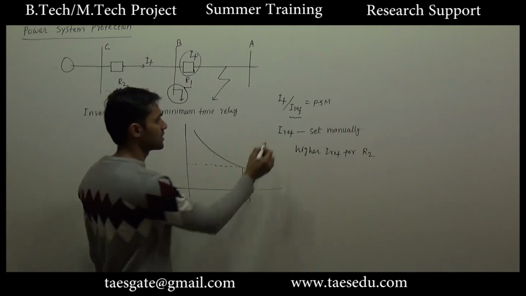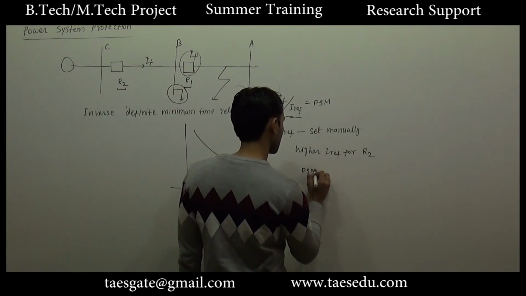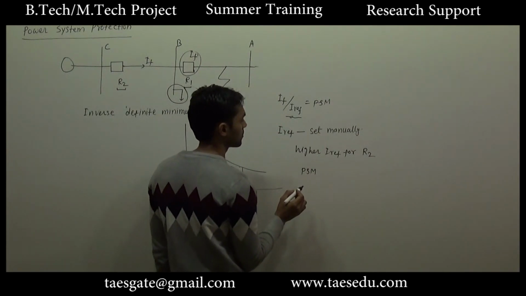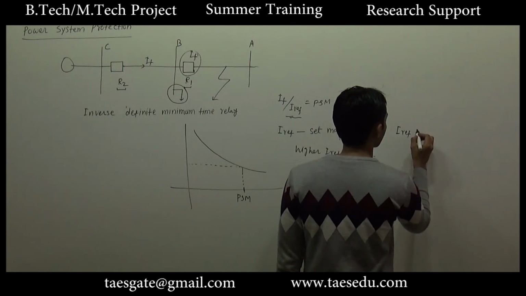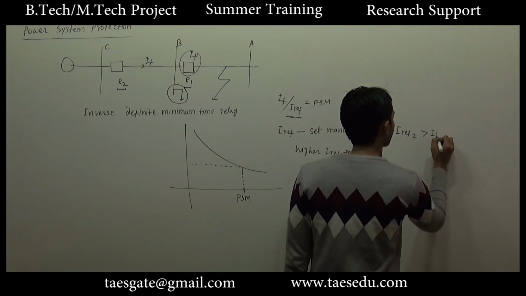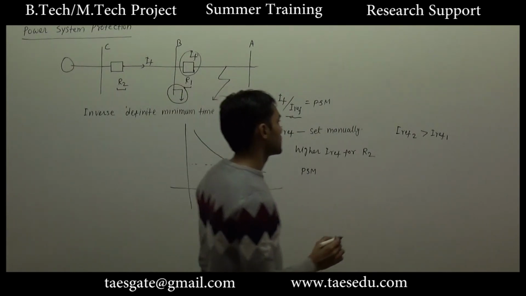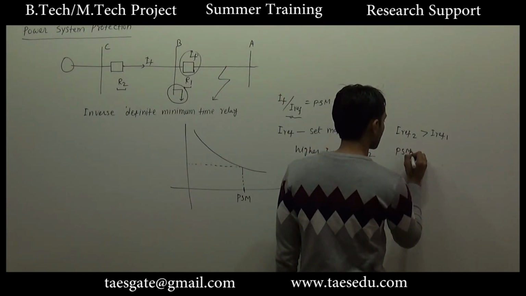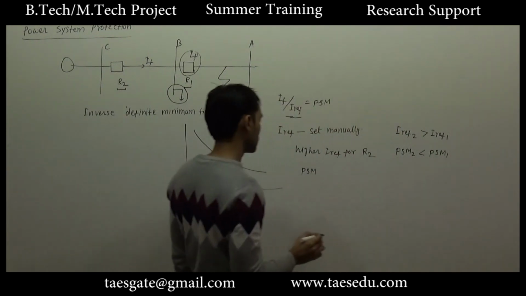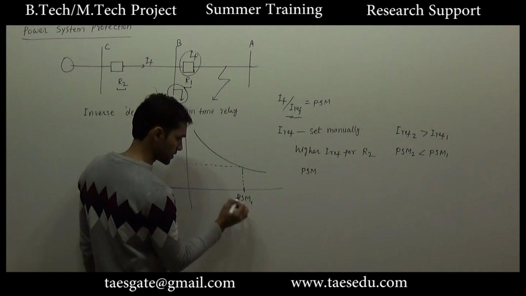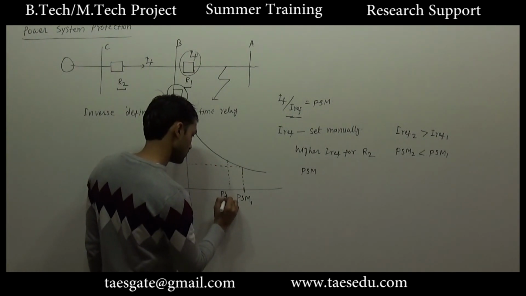If the reference current is high, that is, if I reference 2 is greater than I reference 1, then PSM2 will be less than PSM1.